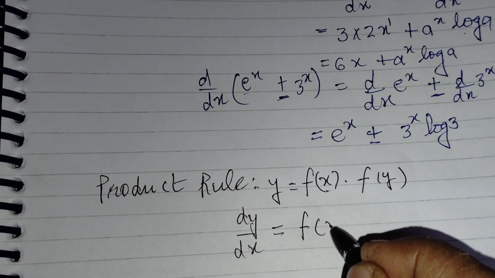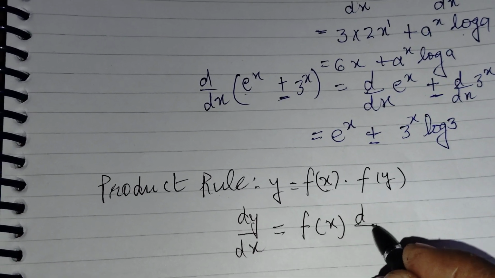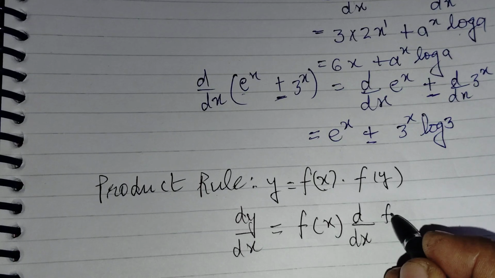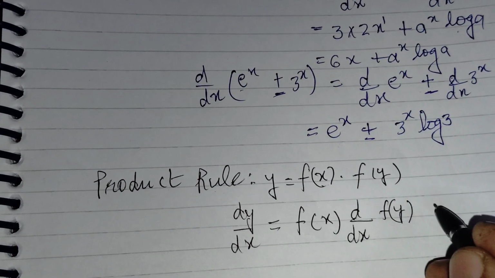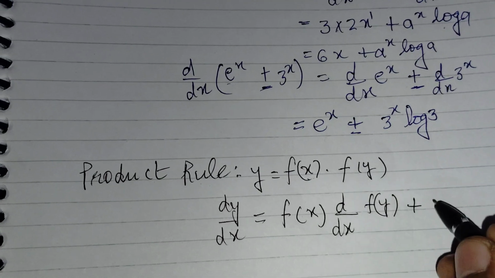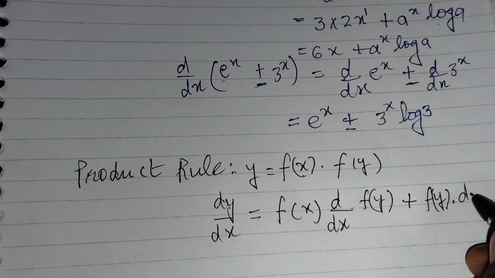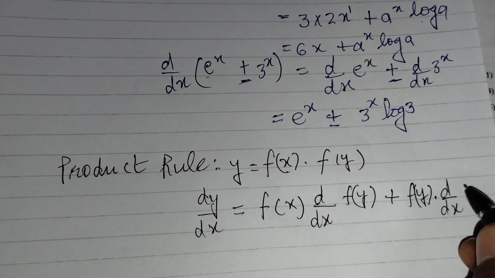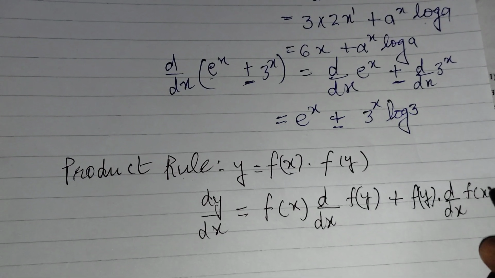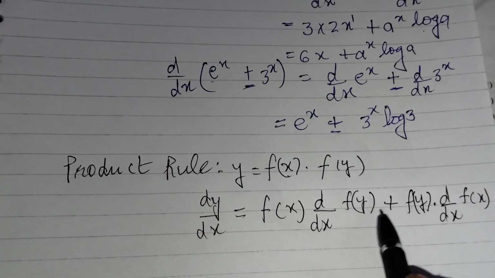We do not differentiate the first function the first time. We differentiate only the second function the first time. So it means differentiation of the second function. Then we use a plus sign, and now we do not differentiate the second function. This time we differentiate the first function. So alternatively, we use one function's differentiation at a time, separated by a plus sign.